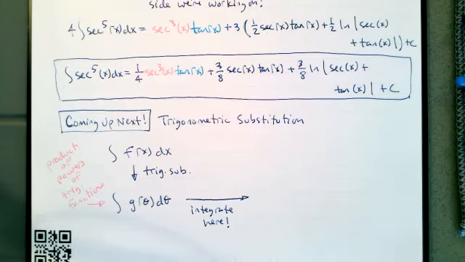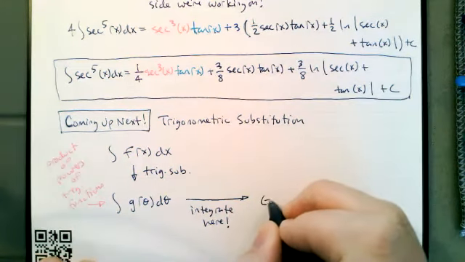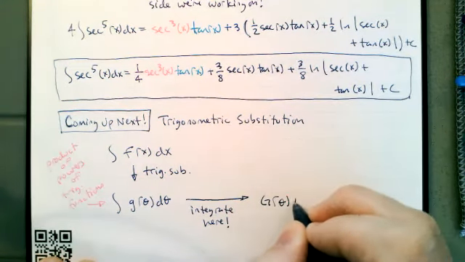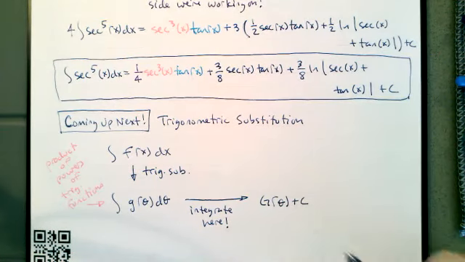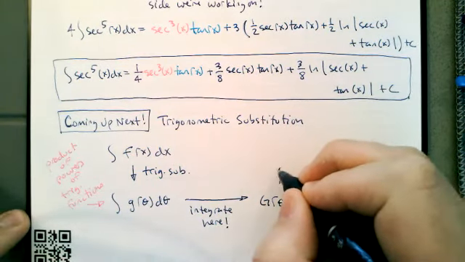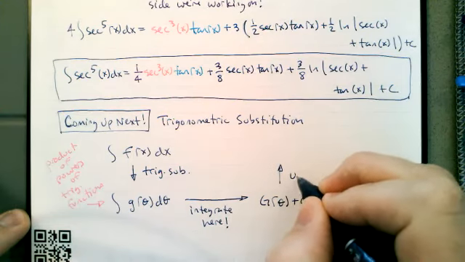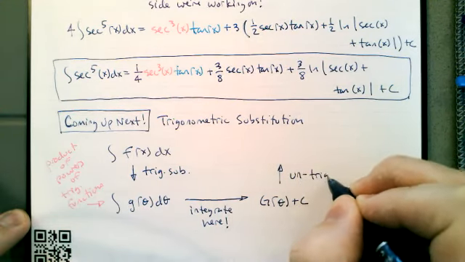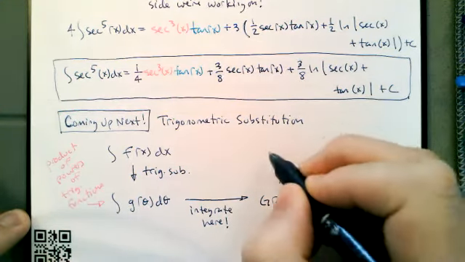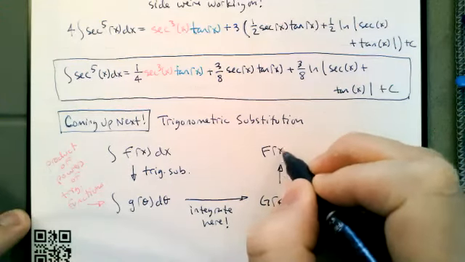So this is where we use our integration techniques. And then we have an antiderivative. But this is an antiderivative in theta, and what we need to do is translate back to x, to get to our antiderivative in x.